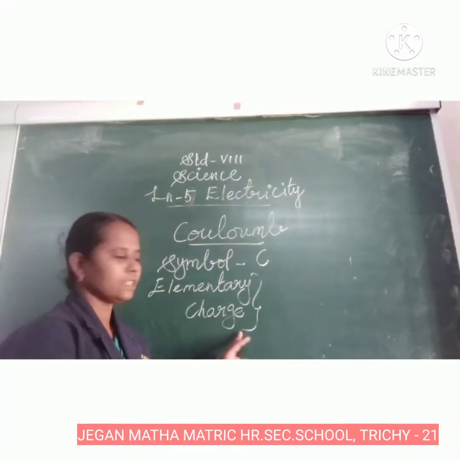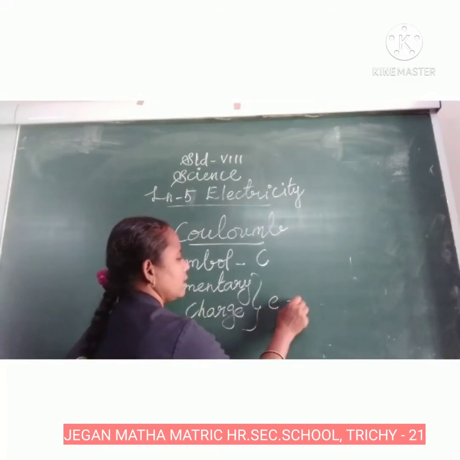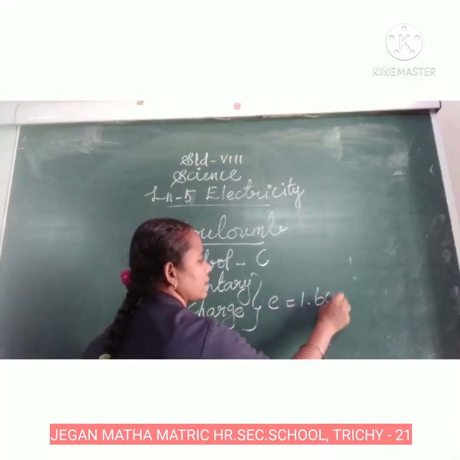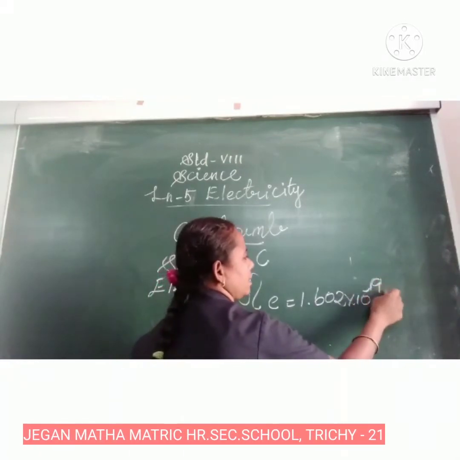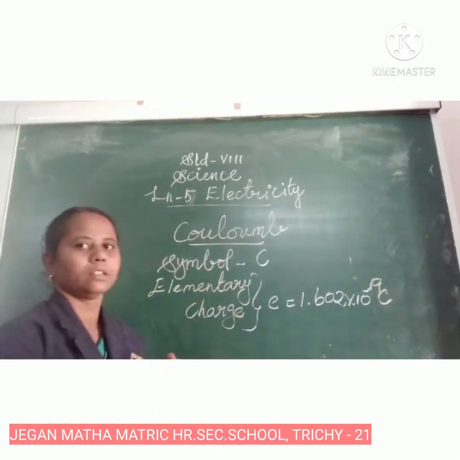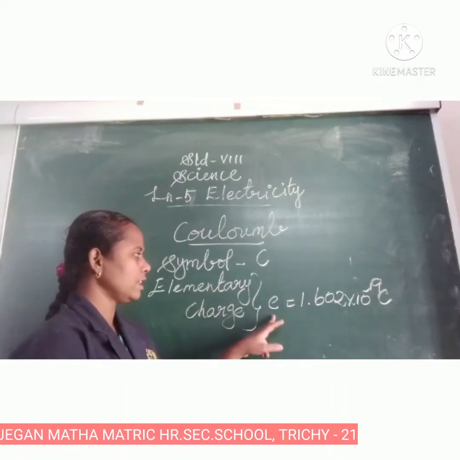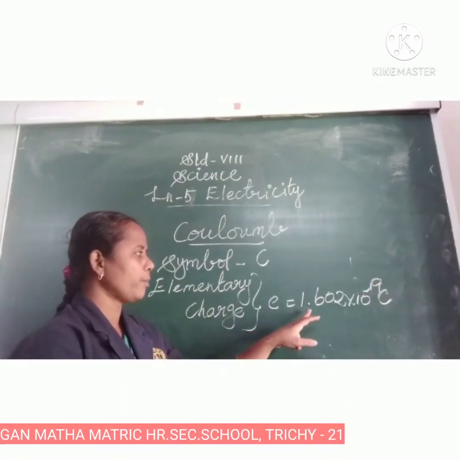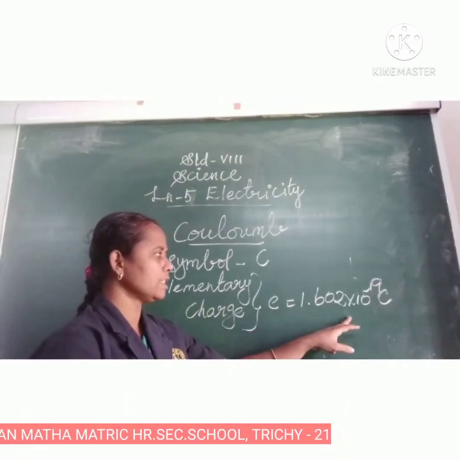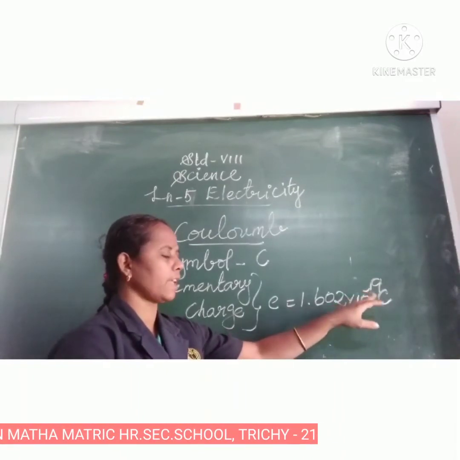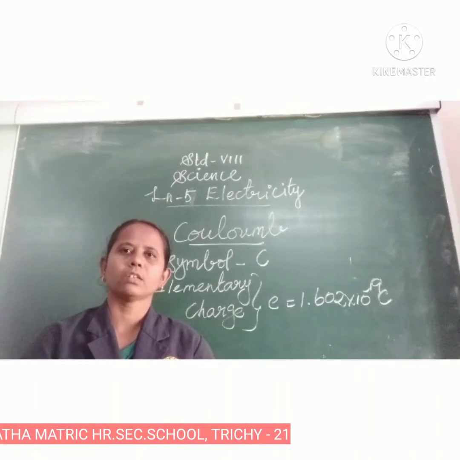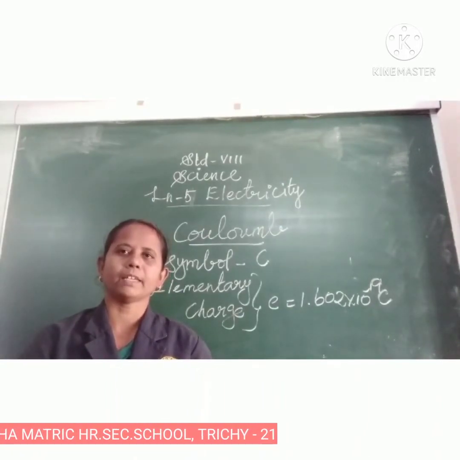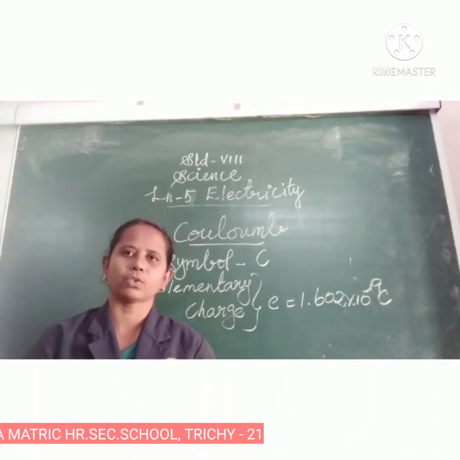Its value is e equal to 1.602 times 10 power minus 19 coulomb. This is the amount of charge possessed by each proton and electron.